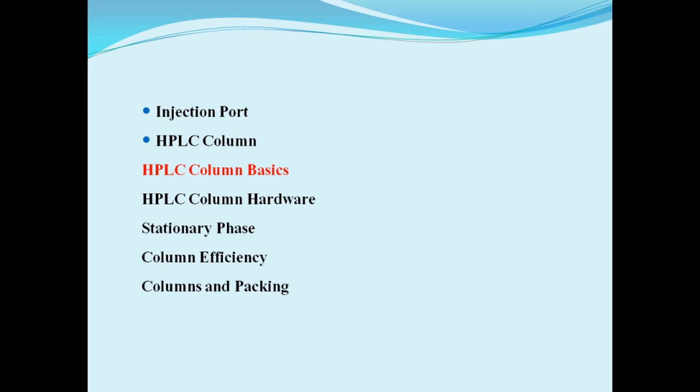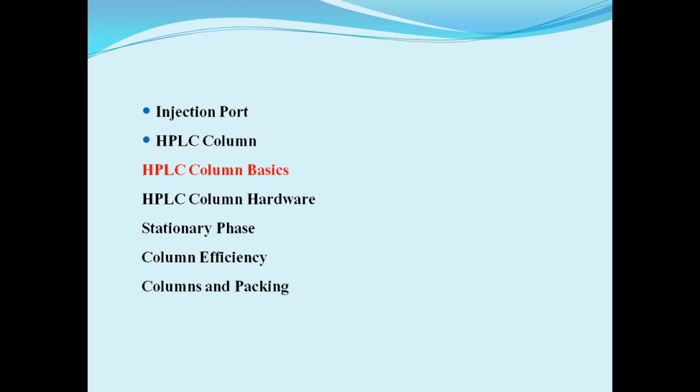Next, HPLC column. Columns and related stuff. The HPLC column holds the stationary phase for separating the components of the sample. The columns are usually made up of SS 316 grade steel. Apart from columns, the material of construction of tubing and fitting, plumbing and connections are also very critical.